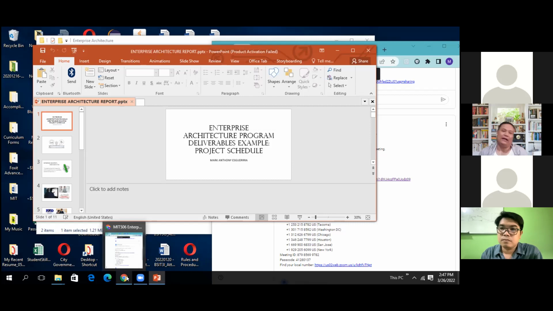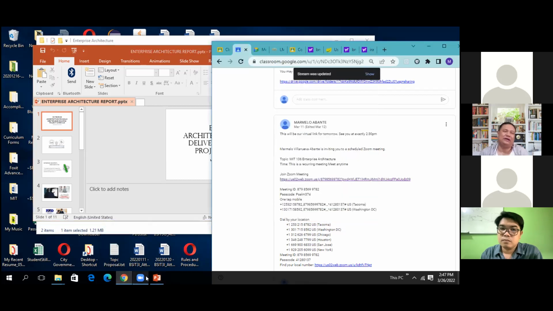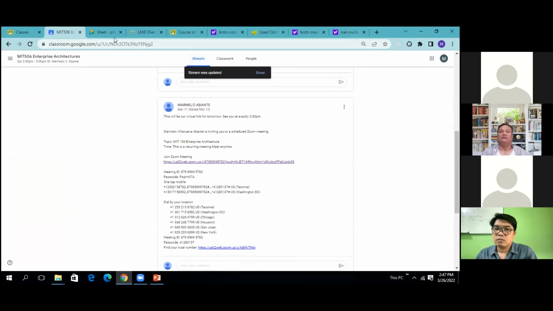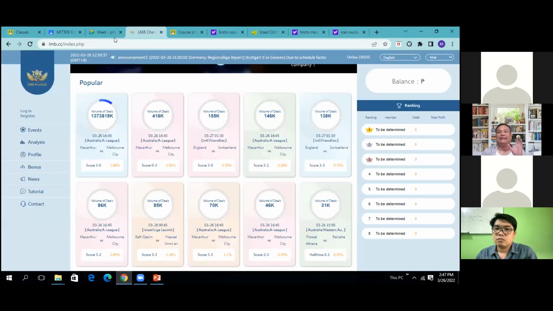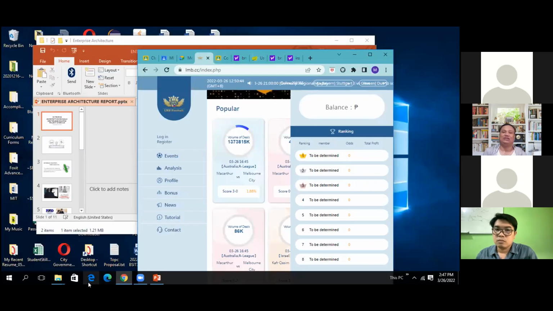Now, another of course is the TOGAF, the TOGAF architecture development method. It provides a tested and iterative process for developing the EA, or the enterprise architecture.